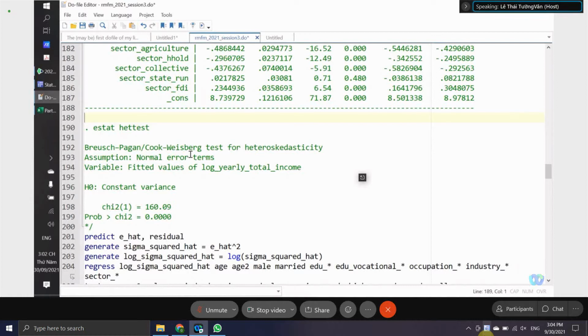The null is... so what is the alternative? What is the alternative then? Okay, I may ask someone else.